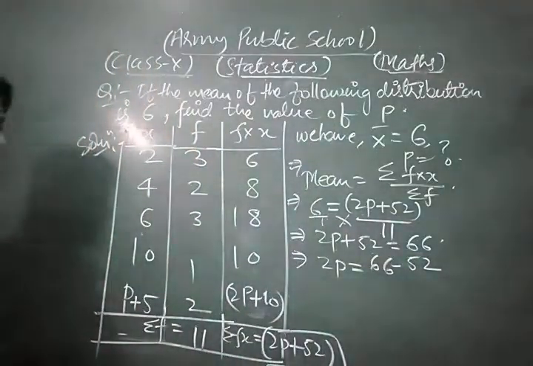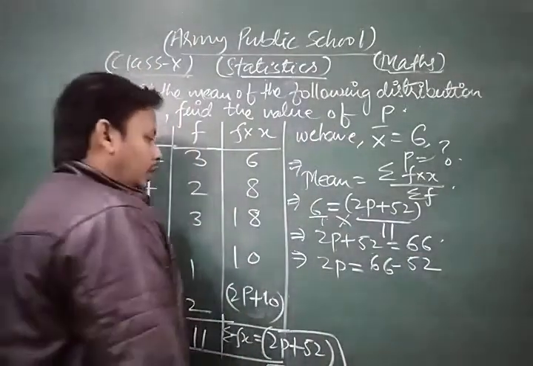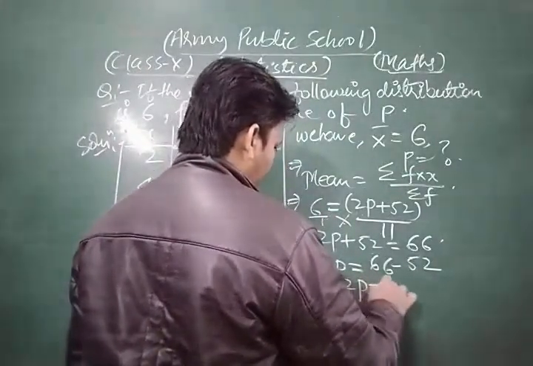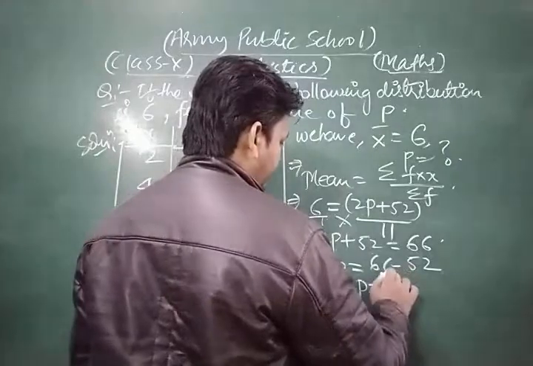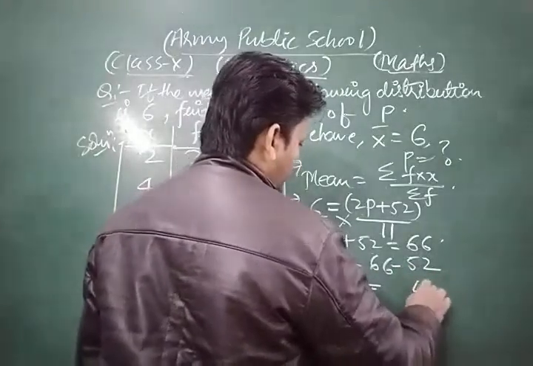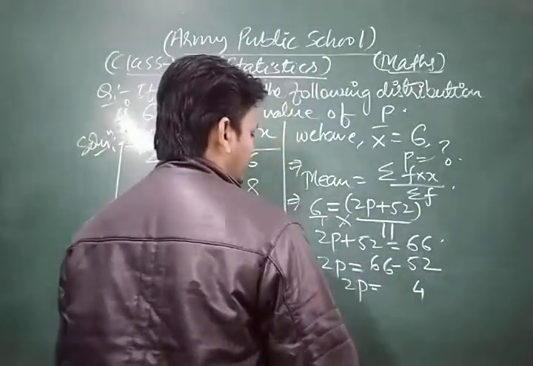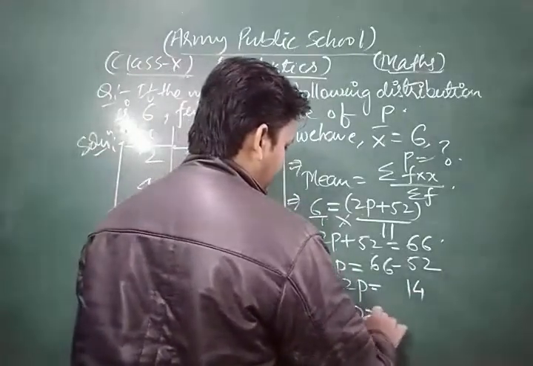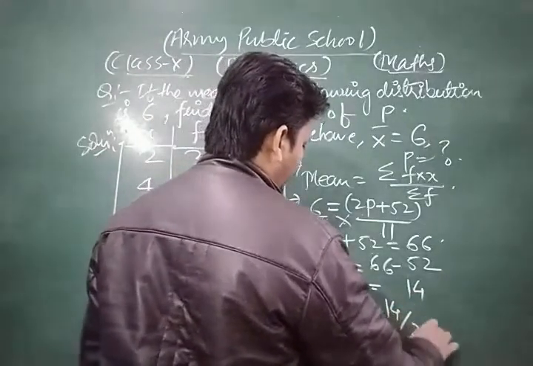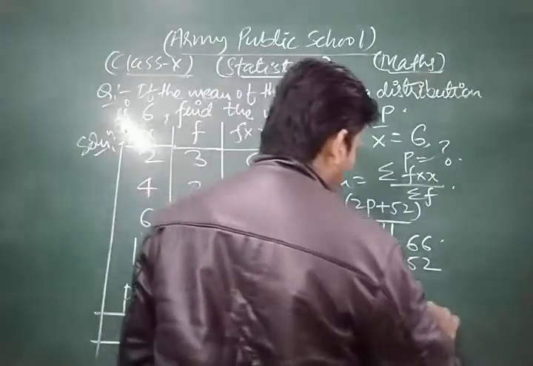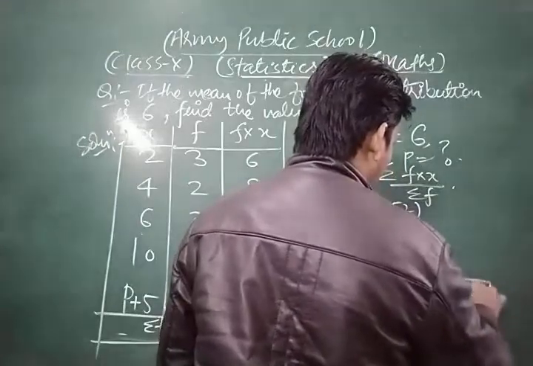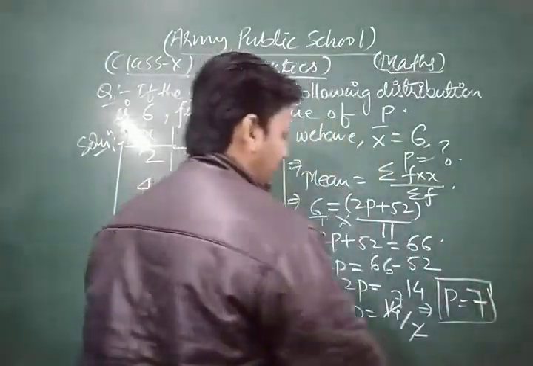That is 14, so 2p is 14. Thus p is 14 upon 2. Thus the value of p is 7.